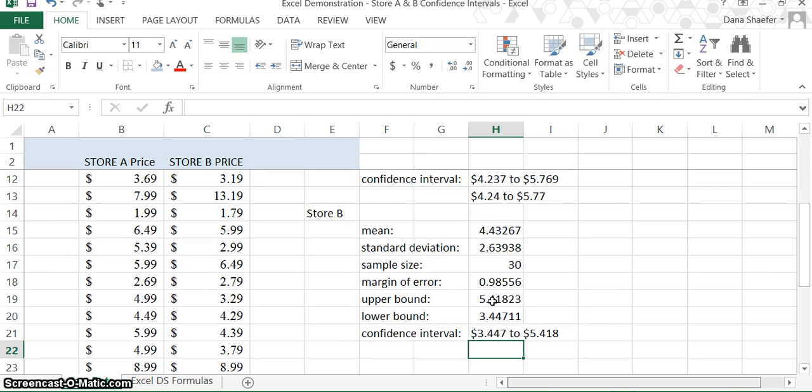So that would be the answer with the right rounding. But because we're talking about money, again, we're going to say $3.45 to $5.42.